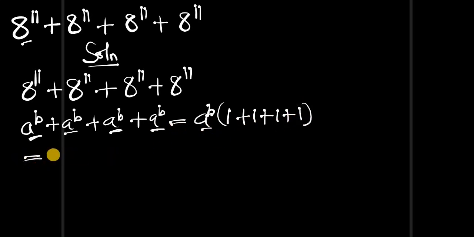So this simply will give you a to the power of b into 1 plus 1 plus 1 plus 1, which is 4. That is the same identity we are going to apply here.